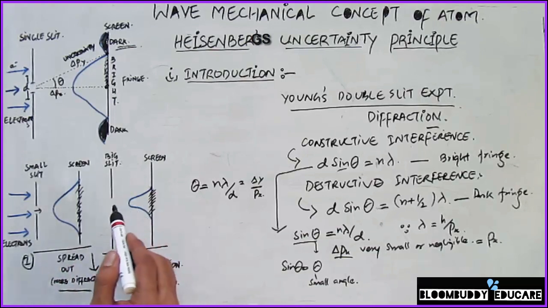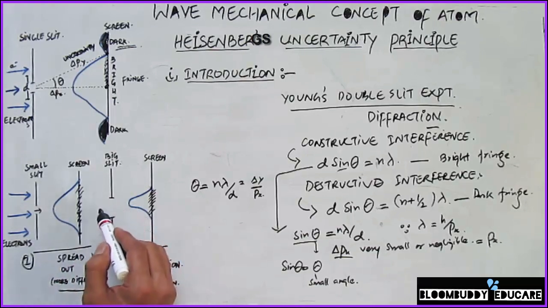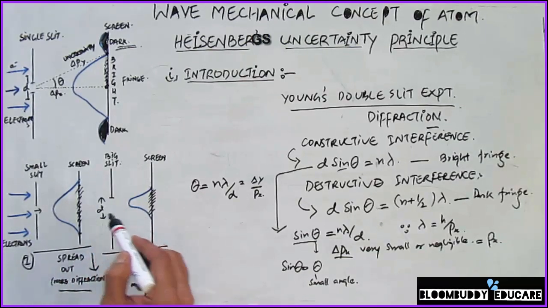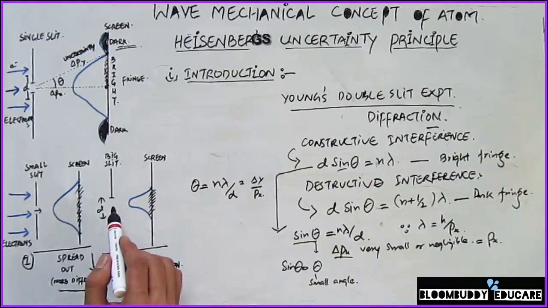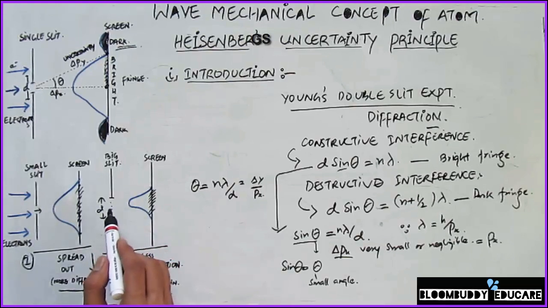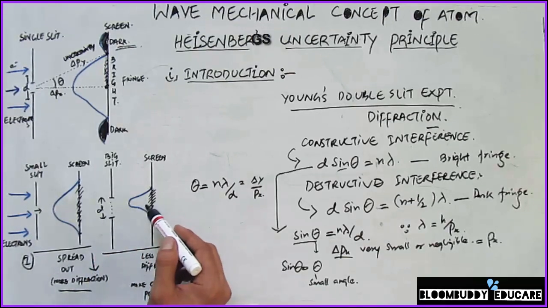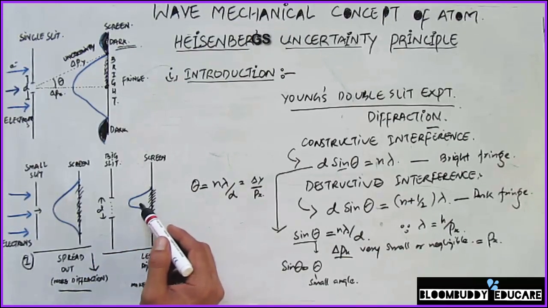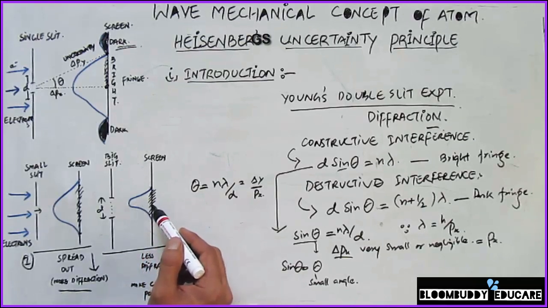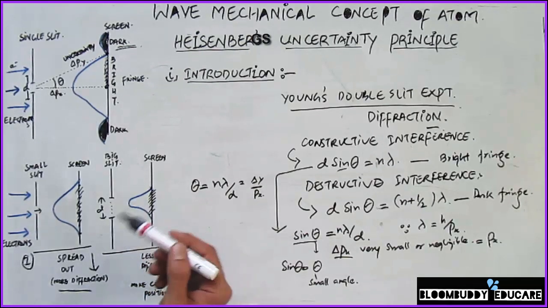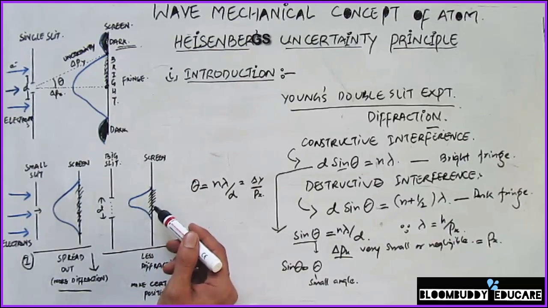On the other side, when the slit is very big, you are never certain about the position of the electron or the photon in this slit. However, since you have very little diffraction here, you can be more certain about the momentum of the electron or photon.